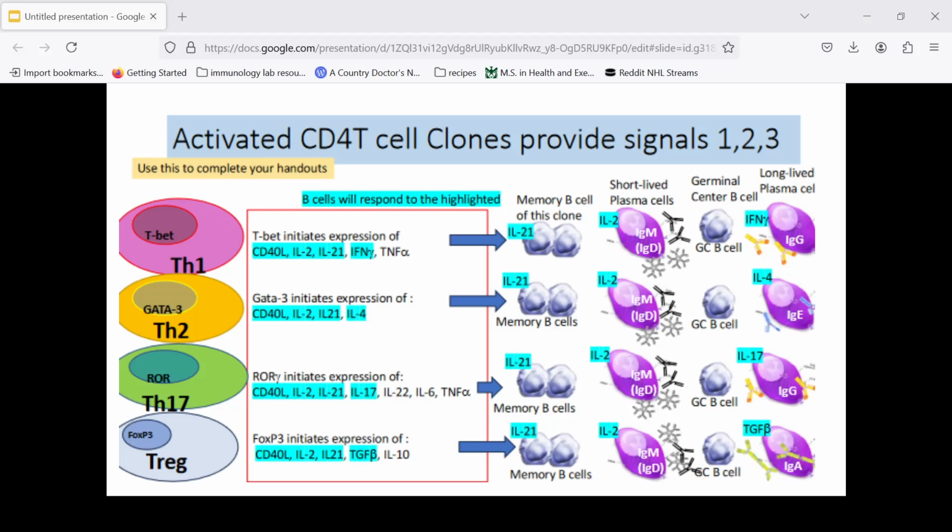Once we've bound to our epitope on our follicular dendritic cell, we also interact with the T follicular helper cell, and from there we get the final result of long-lived plasma cells, which are able to secrete antibody for a long time.